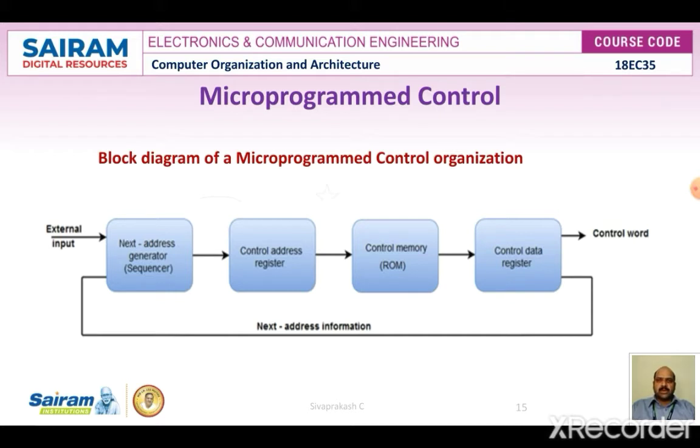The micro instruction contains a control word that specifies one or more micro operations for the data processor. While the micro operations are being executed, the next address is computed in the next address generator circuit and then transferred into the control address register to read the next micro instruction.